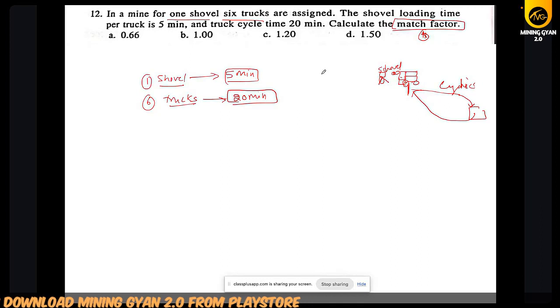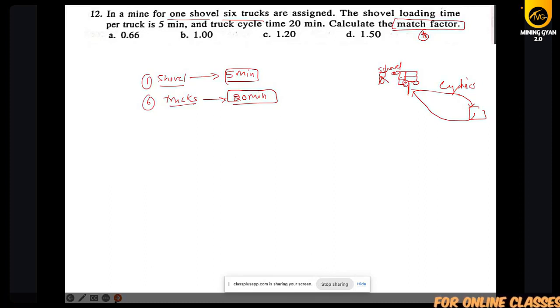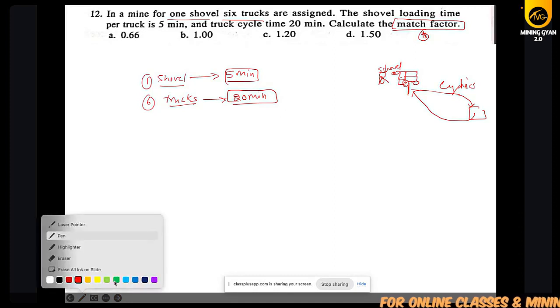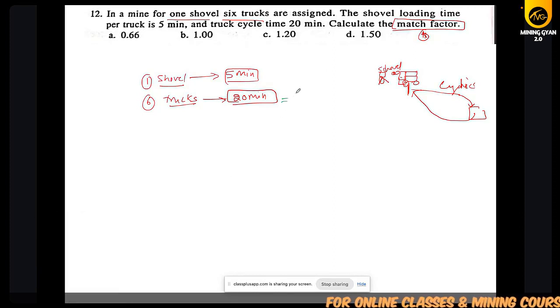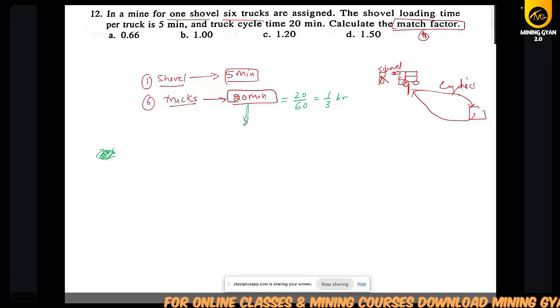So to find out, you can convert the 20 minutes into hours. 20 divided by 60 is 1 by 3 hours. 20 minutes is the cyclic time.